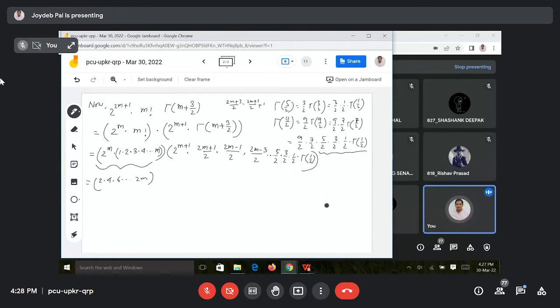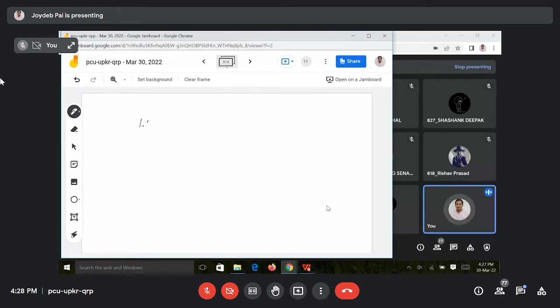It's simply multiplication. See, I have 1 into 2 into 3 into 4 up to m, and I am multiplying it by 2 to the power m, right? So 2 into 2 into 2 up to m number of 2's.